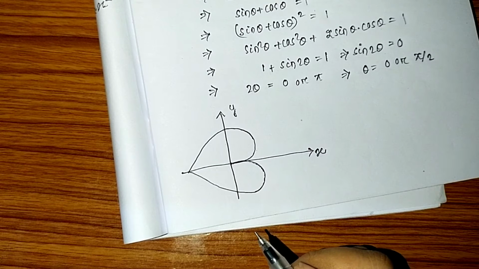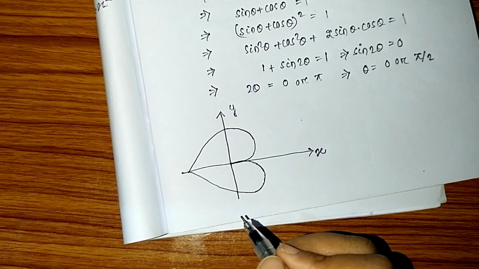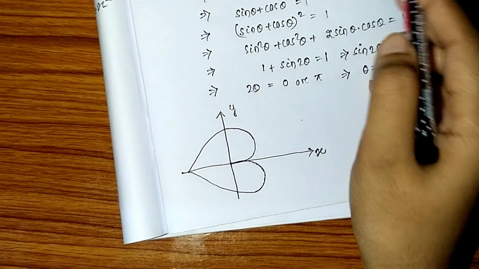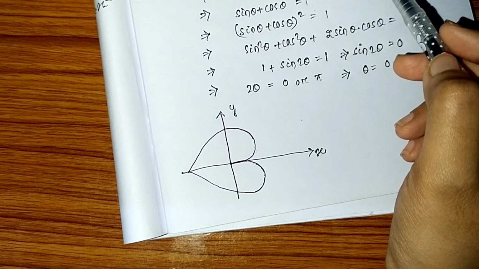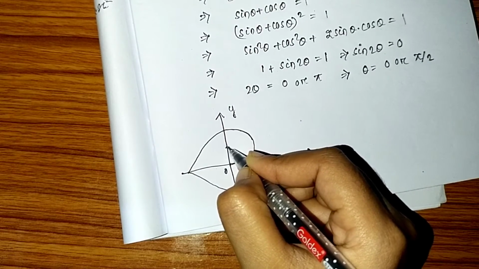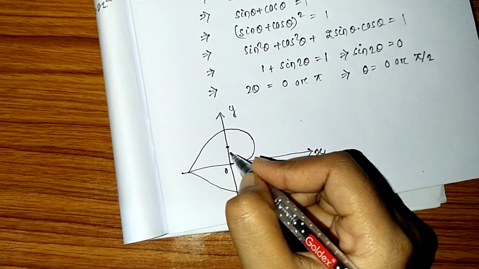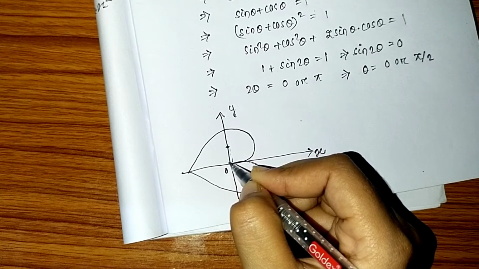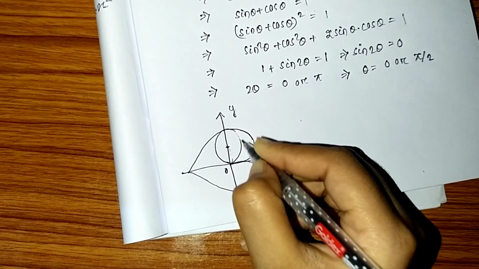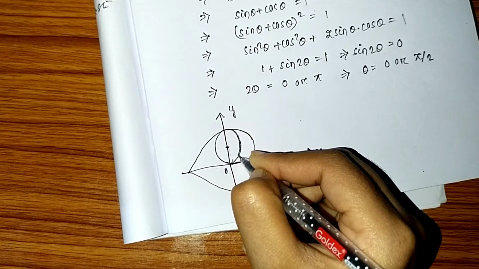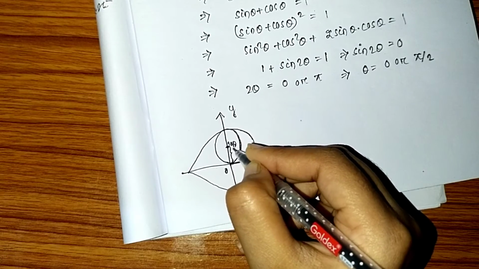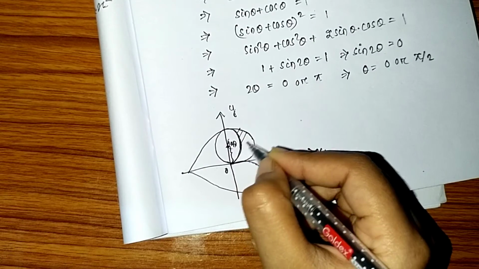This is our cardioid. Then our circle has center 0, a by 2 and radius a by 2. So this is our circle, and the area enclosed by the region is this much.